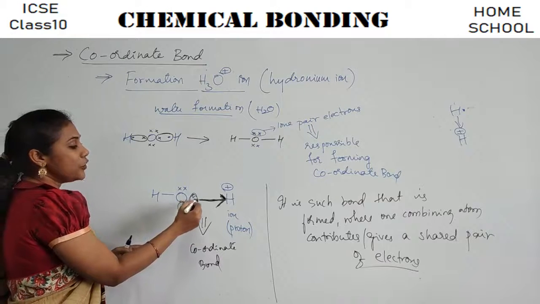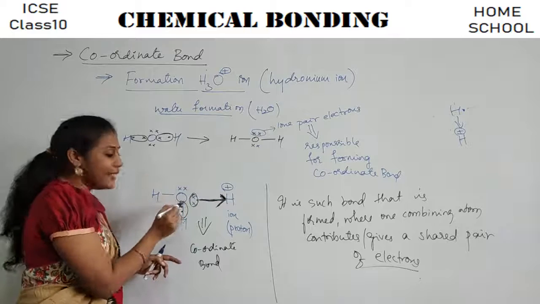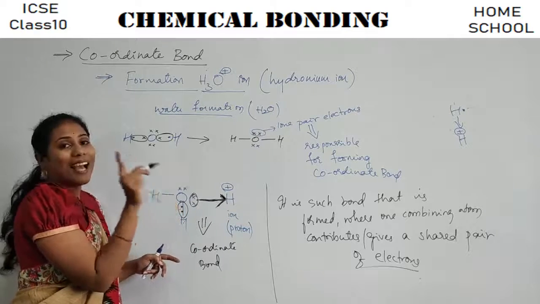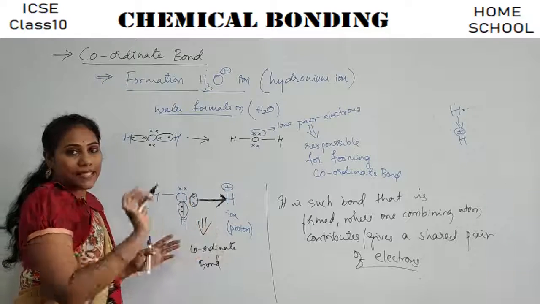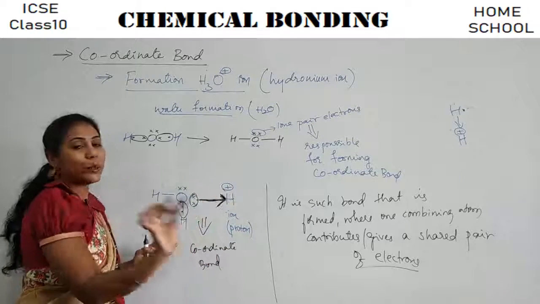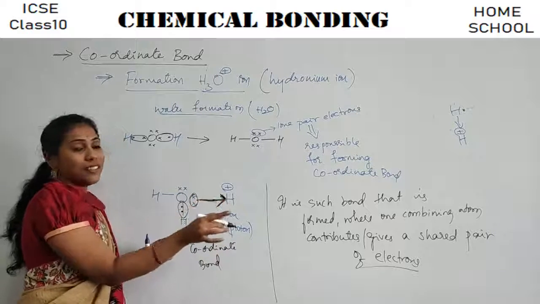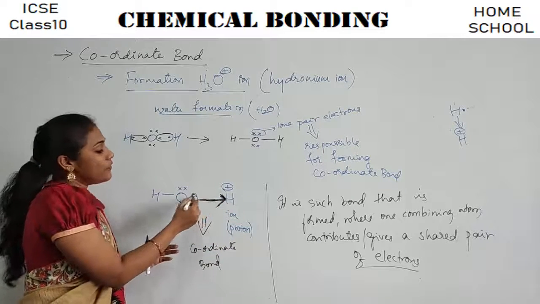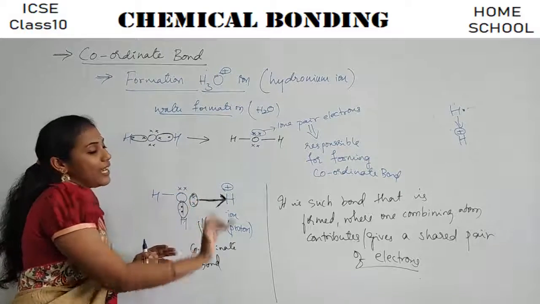Here also two electrons are shared, but both the electrons are completely given by one atom only. Okay, another atom is helpless. It is passive, inactive, just waiting to get stability, just trying to get help from others. So the shared pair of electrons is completely given by one of the atoms.